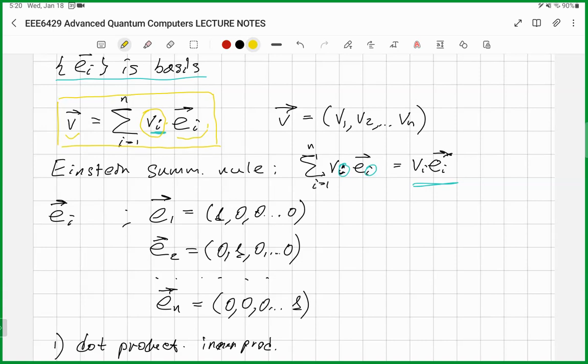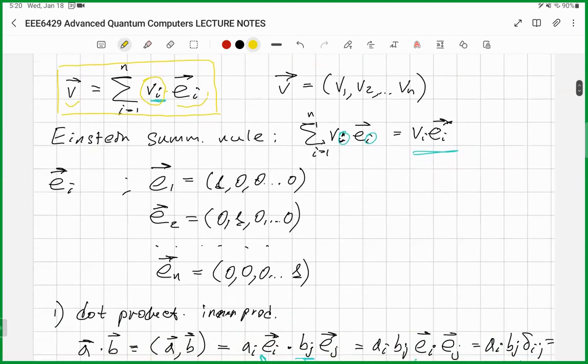But the components of the vectors, like components of velocity, of course change. I change the basis, the components also change, but the velocity itself, the vector, is a physical object. For example, like a velocity doesn't change.